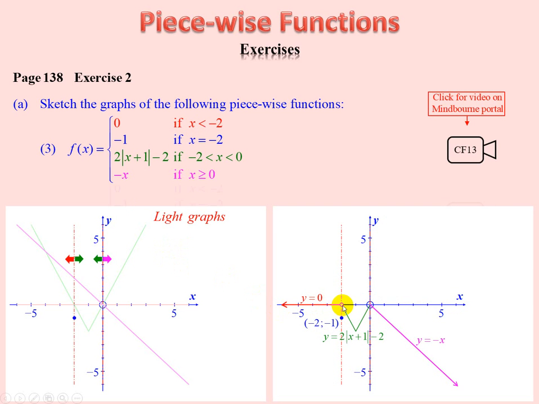I put an exclusion sign there. You need to show the exclusion there because these two graphs join there, and if you don't put an open dot there, then it means you're implying that that point is included. Here's fun, because we have greater than or equal to 0, so it is part of y equals -x.